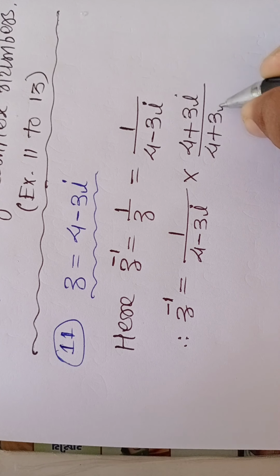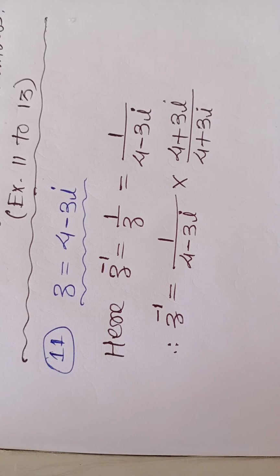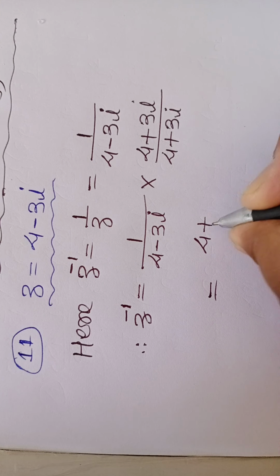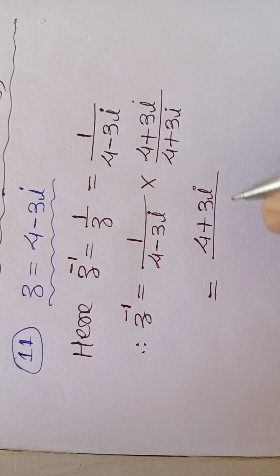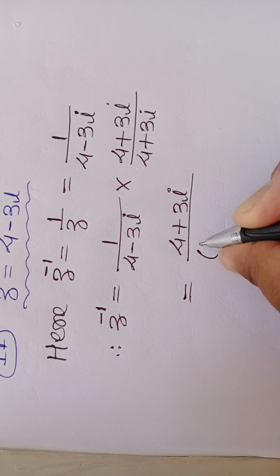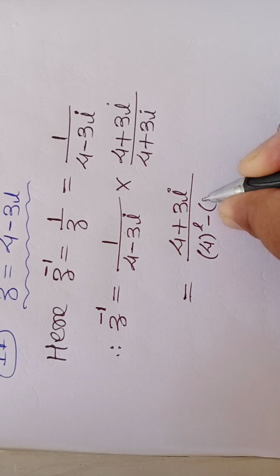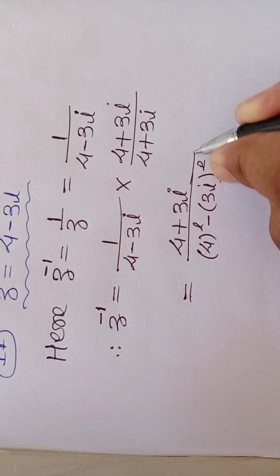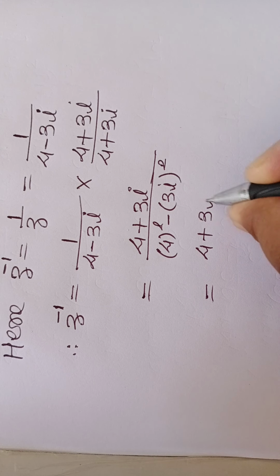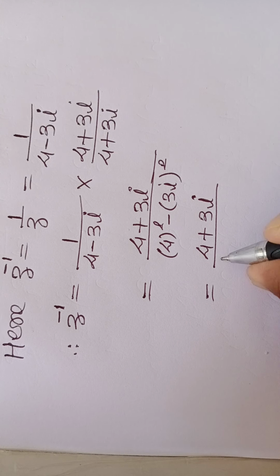This is the complex conjugate, so remember this. So what do we get? The numerator is now 4 plus 3i, and the denominator is of the form x minus y, x plus y, so x square minus y square, 4 square minus 3i whole square. What is this? This is 4 plus 3i upon 16 minus 9i square.